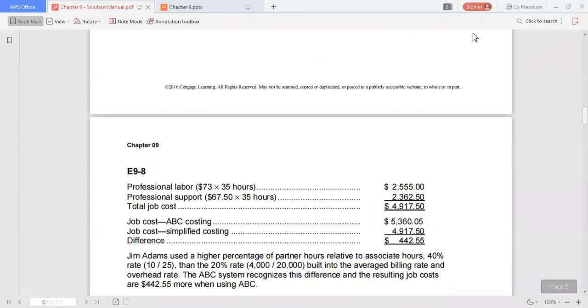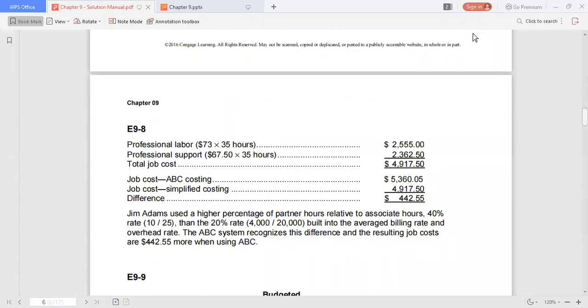Okay, so we have to explain the difference as stated. We have to discuss the reasons for the difference. Jim Adams used a higher percentage of partner hours relative to associate hours, a 40% rate, that's 10 over 25, than the 20% rate used by dividing 4,000 hours by 20,000 hours built into the average billing rate and overhead rate.